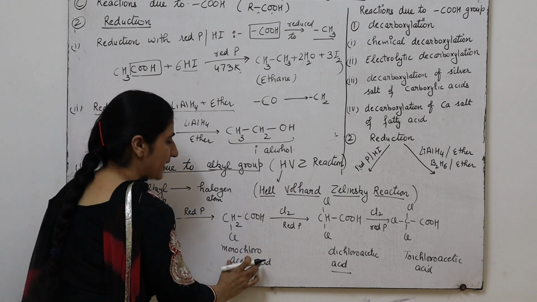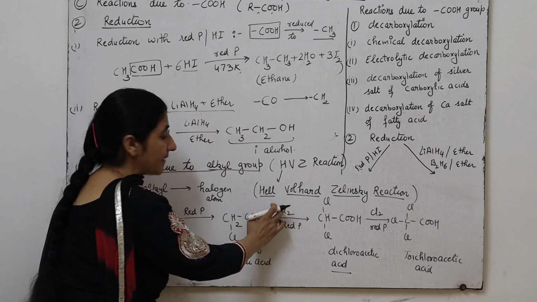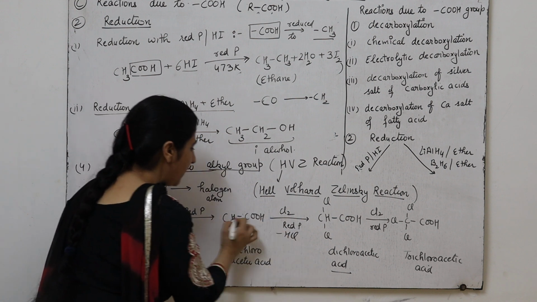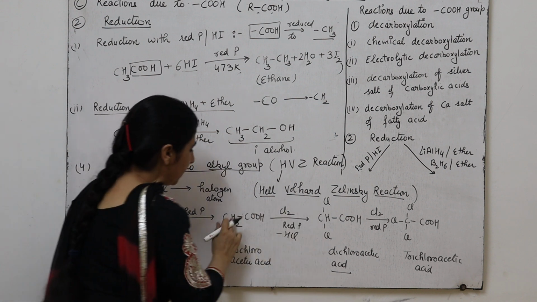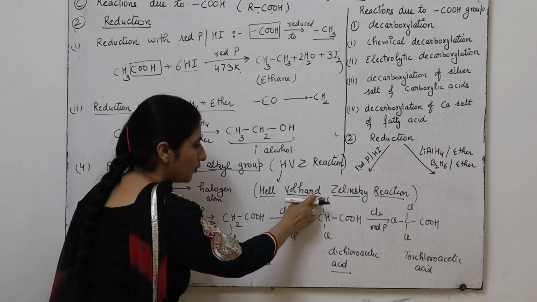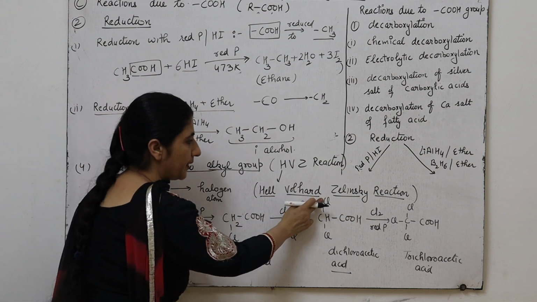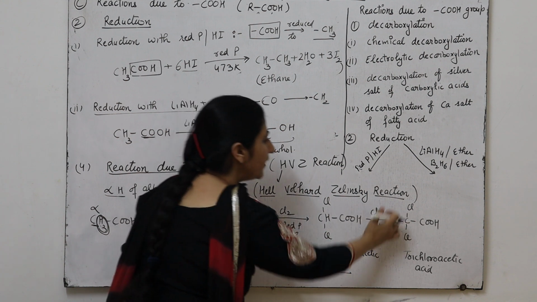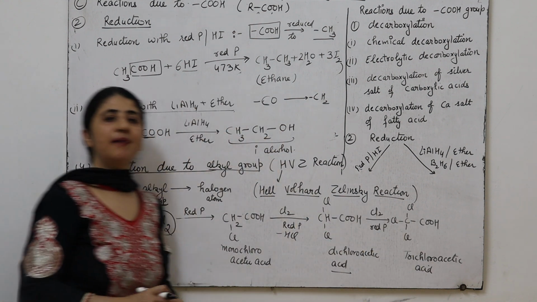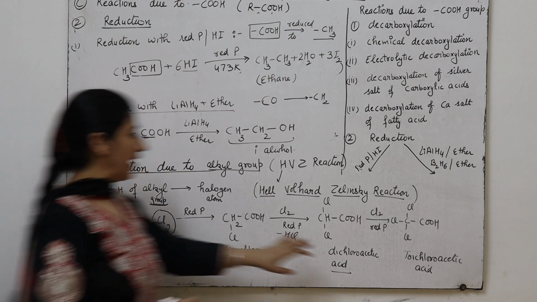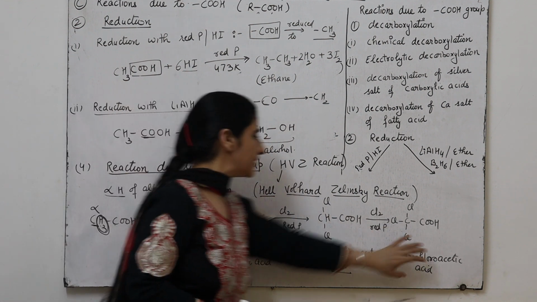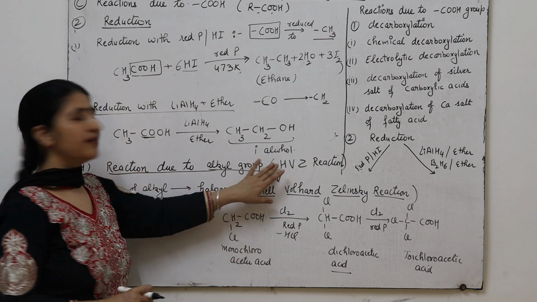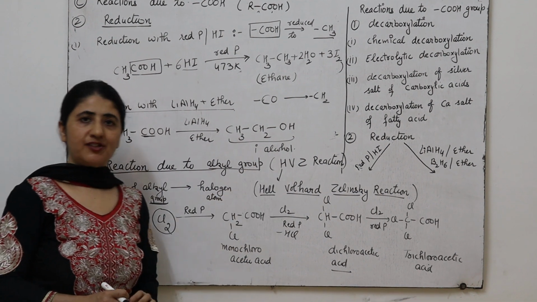This monochloroacetic acid again reacts with chlorine, with removal of HCl, and in place of hydrogen we have a second chlorine atom. It further reacts with chlorine, and then all three hydrogen atoms are replaced by chlorine. So we get monochloroacetic acid, dichloroacetic acid and trichloroacetic acid. This reaction is known as the HVZ reaction.